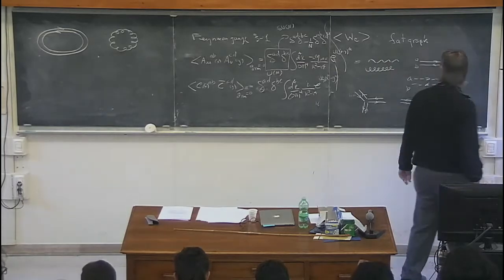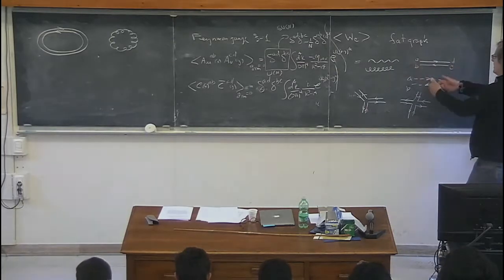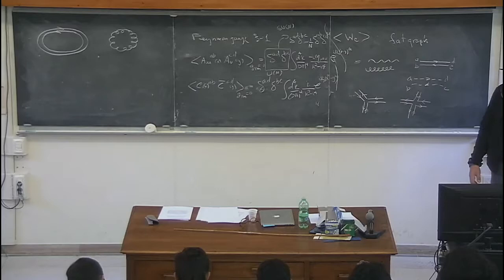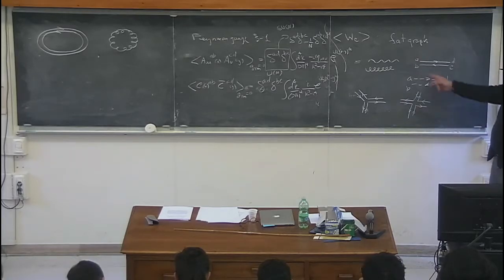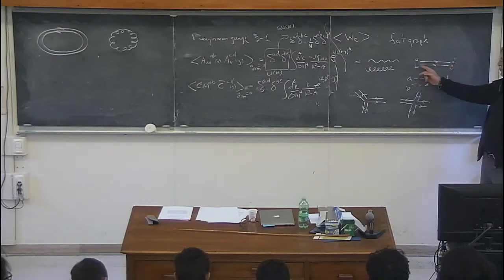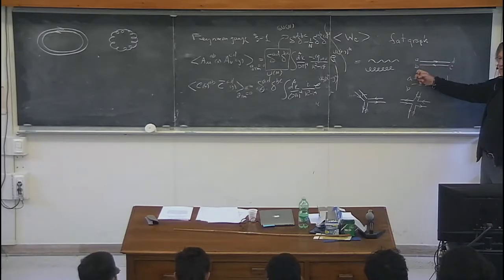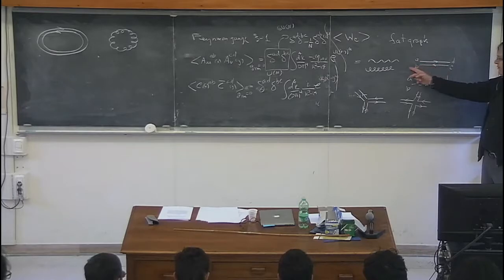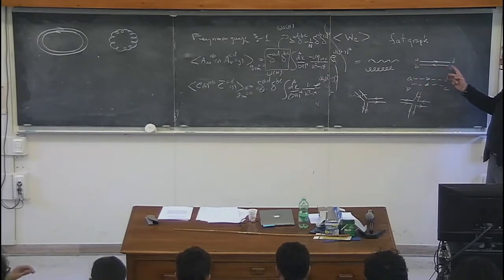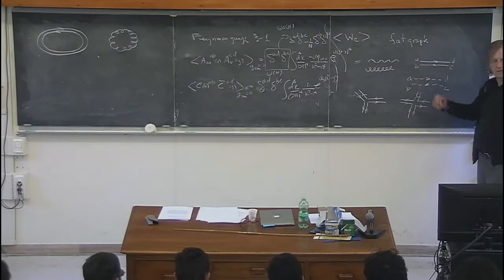Okay, and then you notice what joining these lines up and summing over the indices does for you. Each time you make a closed loop out of these lines, and sum over all the indices, you simply sum over, in a sense, the color that's circulating around the loop.